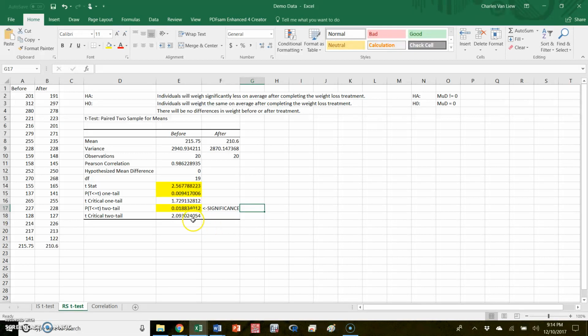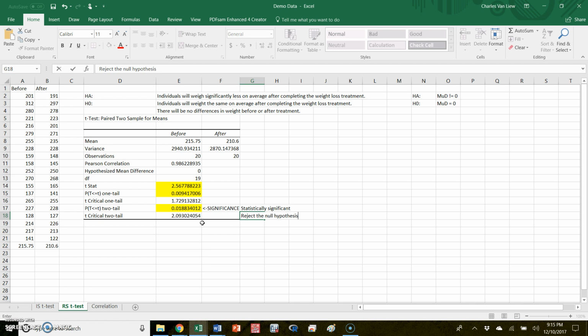So what we see is that 0.0188, right, rounds to 0.02, that is less than 0.05. So we would call this statistically significant. And in intro psych terms, intro stats terms, we would say then to reject the null hypothesis.